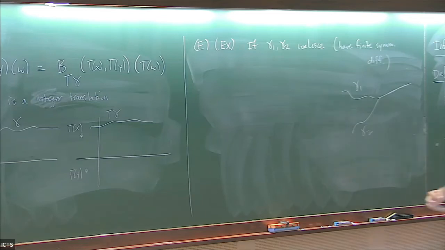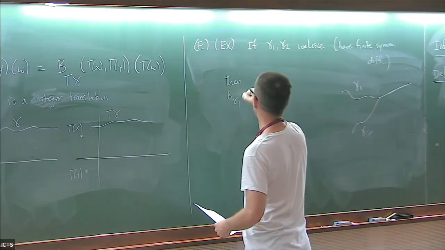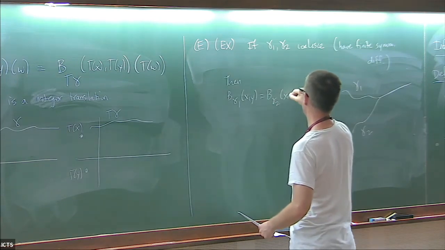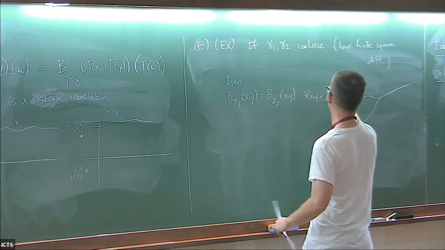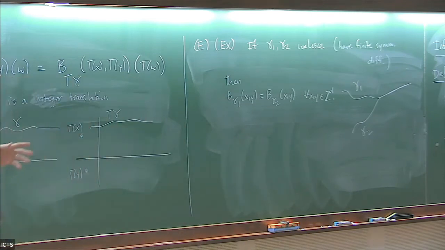So if we're in this scenario, then B gamma 1 xy equals B gamma 2 xy for all x and y. And then I guess we would say the bivariate Busemann function is equal for the two geodesics.